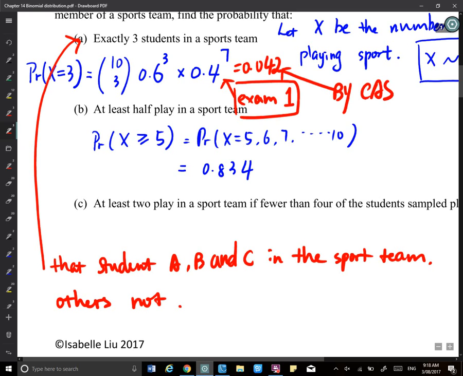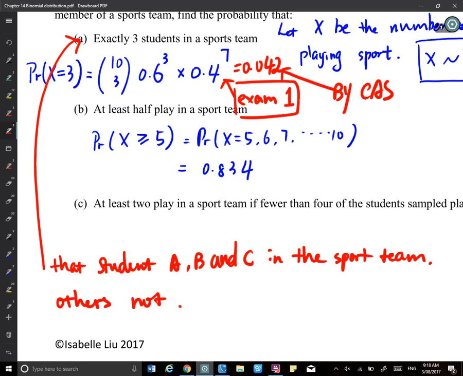Okay, I want to find this probability. I just add another question here. What's the probability I want students exactly A, B, C to play in a sport team? Well, A, B, C is a particular person. For example, you A, you B, you C. These three play in a sport team. All the rest don't play in the sport team. So what is this probability?